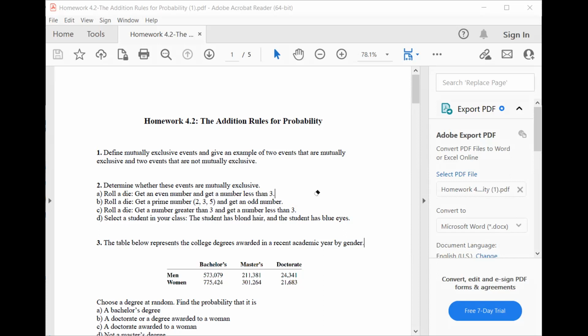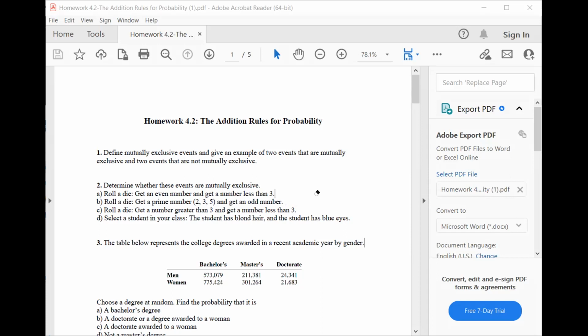I don't get it. Okay, we don't know about the characteristics of the students, right? But what this is asking is, would it be possible to select someone who had blonde hair and blue eyes? That wouldn't make sense.